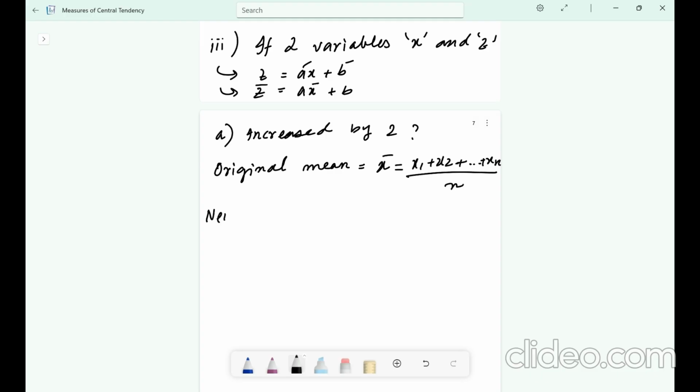But here the new observations are increased by 2. So it will be x1 plus 2, x2 plus 2, x3 plus 2, and so on till xn plus 2.